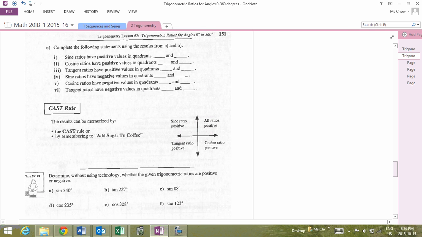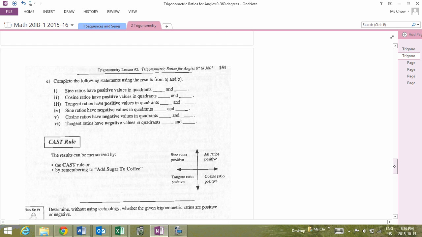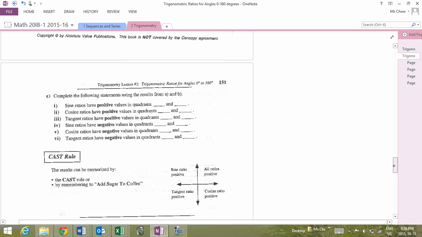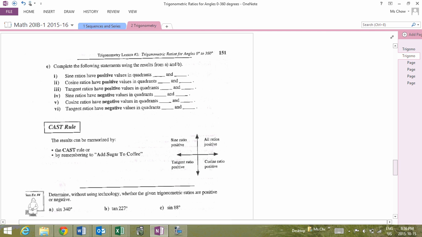So sine ratios then have positive values in where? So this is tough, well, tough for me scrolling up and down, but I think you're just looking back to the other page, so that might be easier for you. But sine ratios have positive values in quadrants 1 and 2. Cosine ratios have positive values in quadrant 1 and quadrant 4.